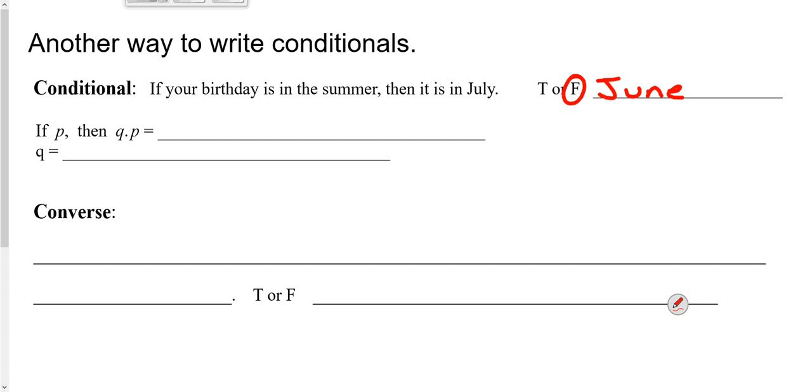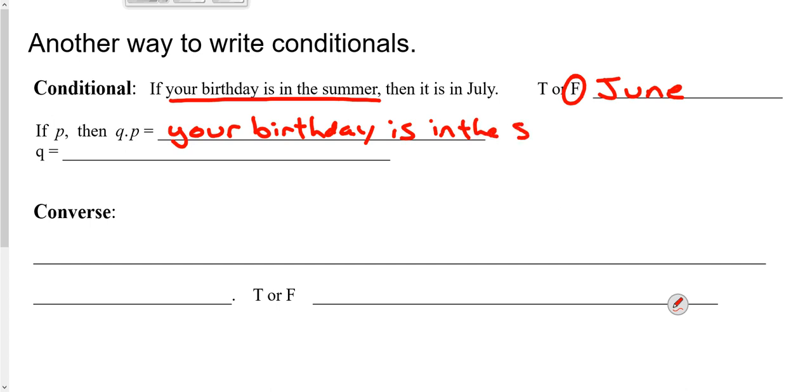So then, if P, then Q, what is our P here? Your birthday is in the summer would be my hypothesis. And then the conclusion is, it is in July.